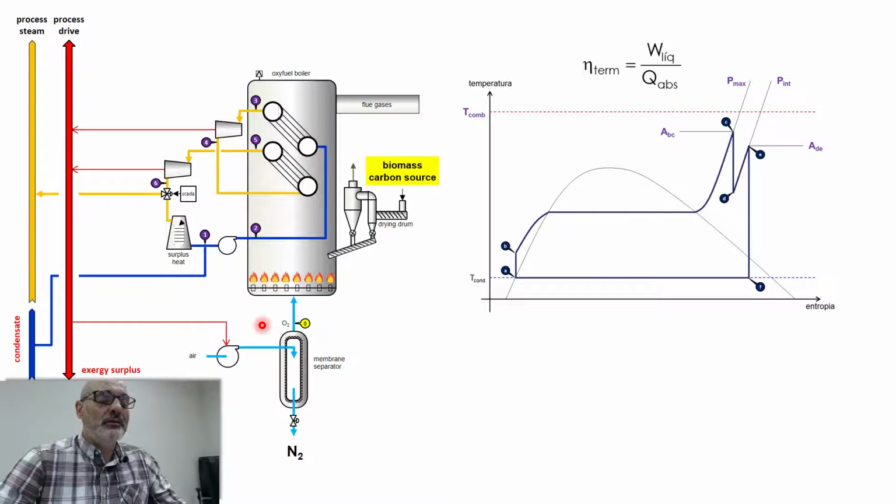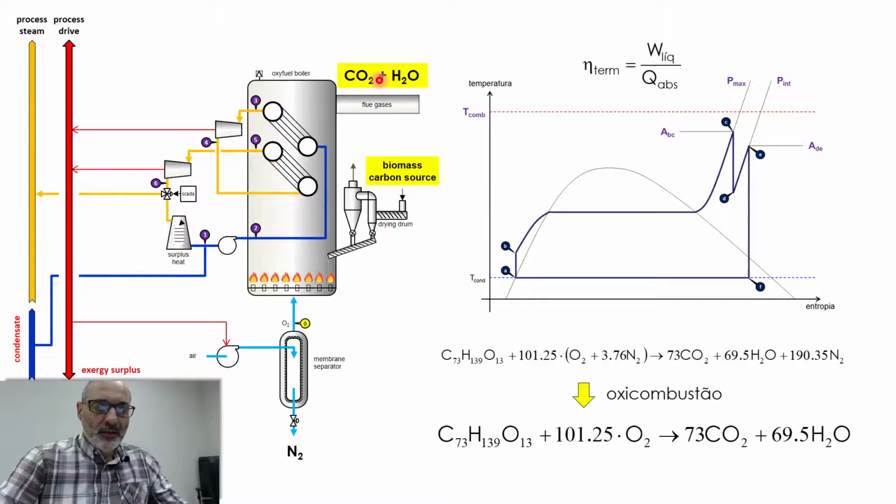You're not using air, which contains more than 70% of nitrogen. So you have CO2 and water. You have to get rid of water first, for many reasons, and also because the overall water balance is negative.